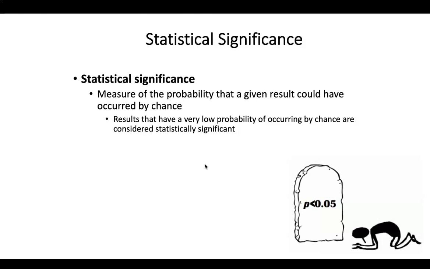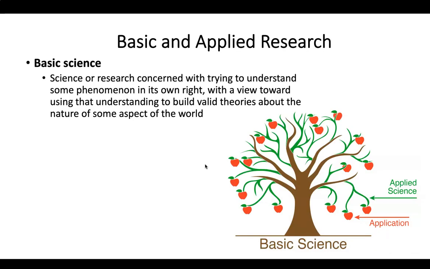We find that so often that the chance that it is just the result of chance, and there's nothing really going on there, is very low. We call that having a high statistical significance. Two different types of research.